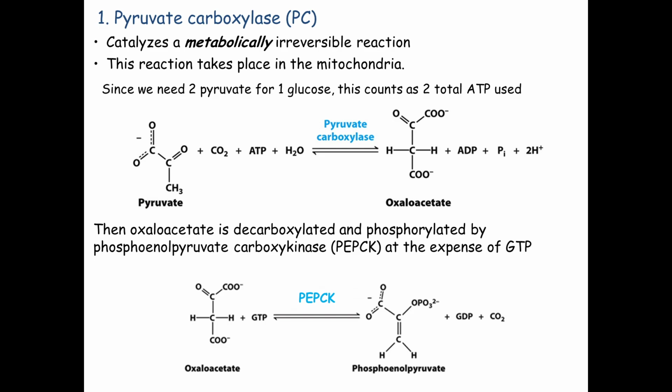Okay? So we'll use one of those. It doesn't cost us anything, but we have to have a channel to get pyruvate inside. Once inside, that's where we find pyruvate carboxylase, which uses pyruvate and a CO2 in the form of bicarbonate, right, and an ATP molecule in water to make oxaloacetate on the right.